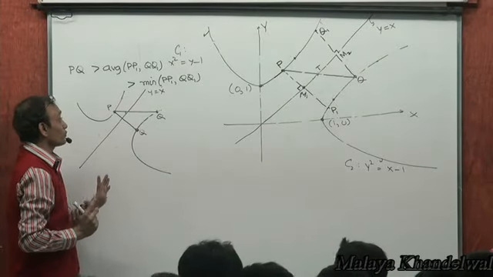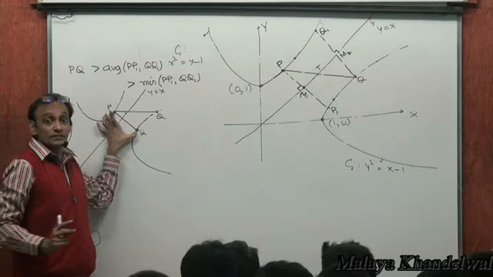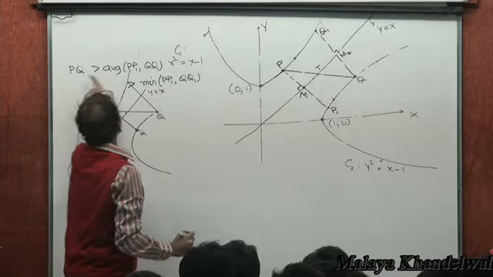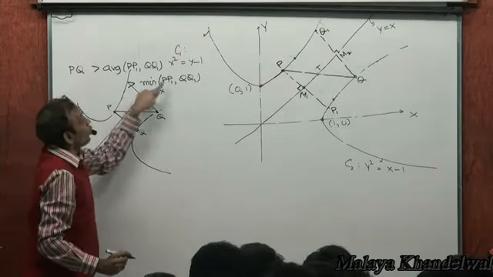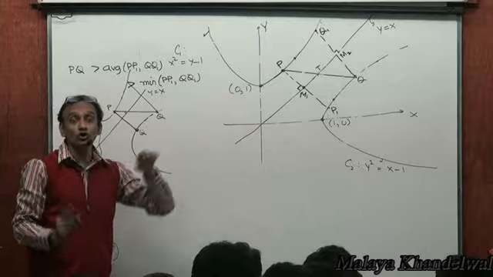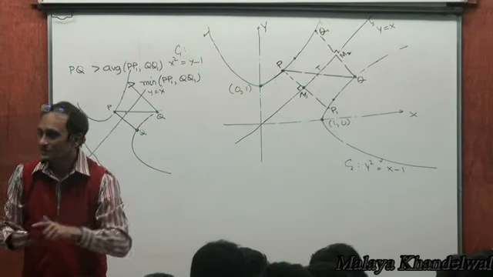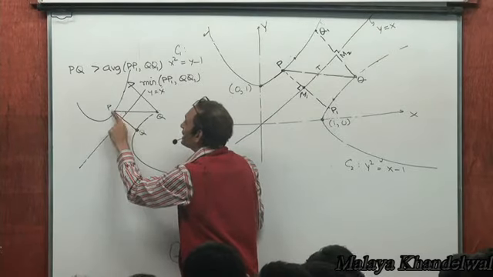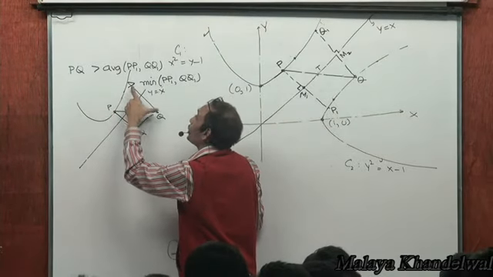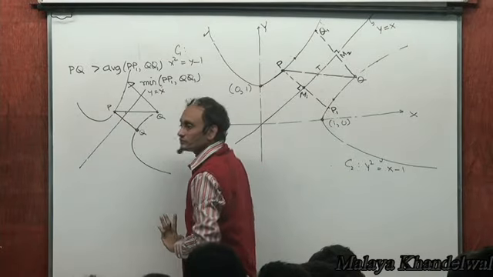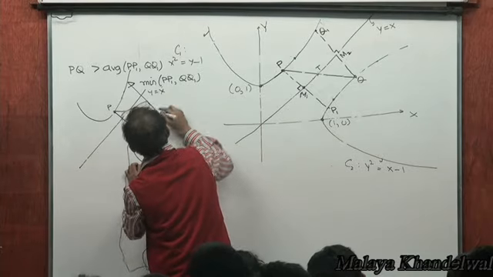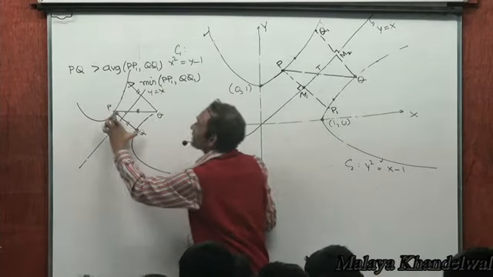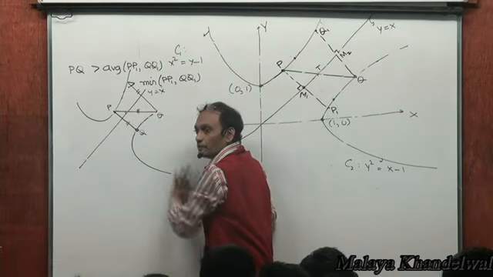One thing for sure, the inclined PQ will always have a PP1 or a QQ1 which is smaller, isn't it? For an inclined PQ, I can find a PQ here or a PQ here which is smaller than PQ. I could have had a PQ like this, a PQ inclined, and a PQ like this. So there are three PQs, two perpendicular and one inclined PQ.